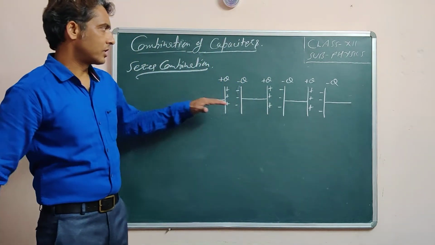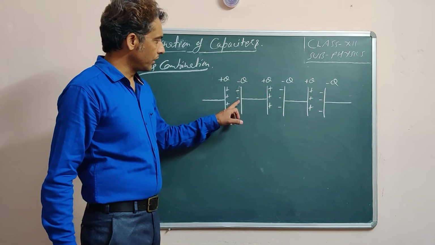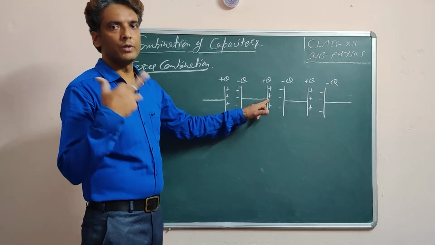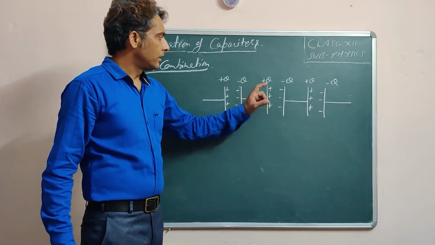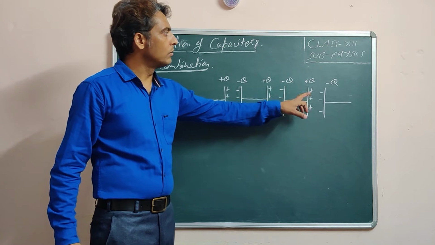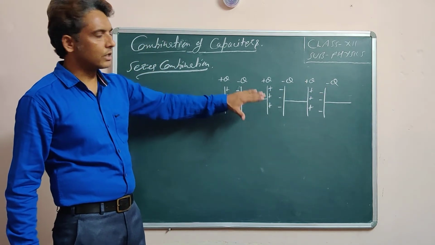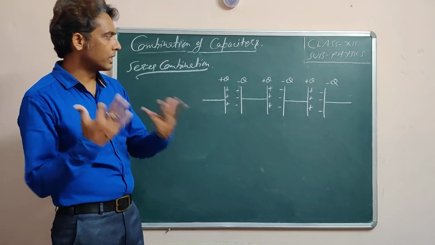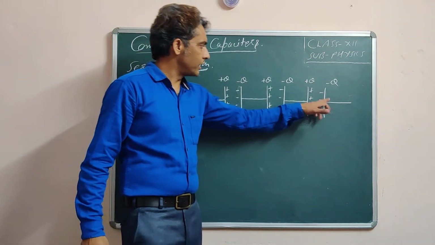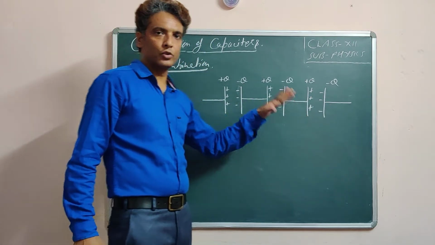If capacitors are connected in this manner, means if negative plate of one capacitor is connected to positive plate of other and the negative plate of this other capacitor is connected to positive of next, then we say that the capacitors are connected in series, or we can say that from this point to this point there is only one path through which we can proceed.